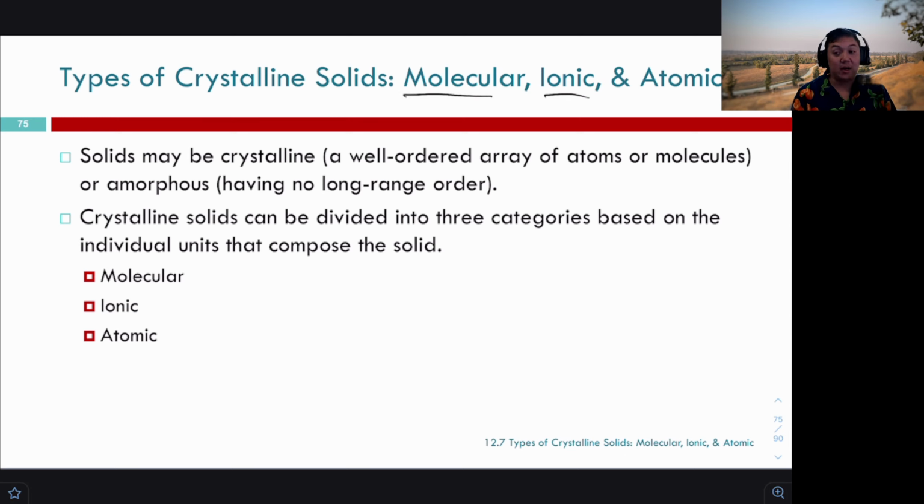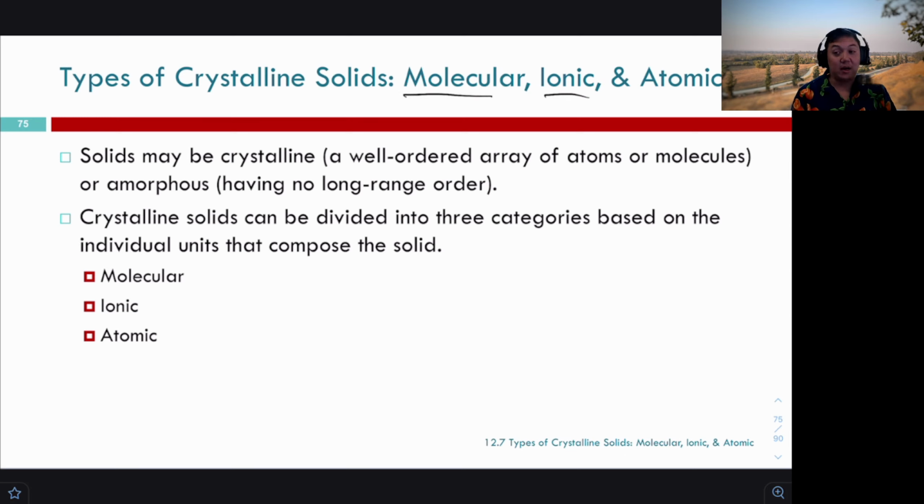And then atomic compounds just consist of a single element. So when we're looking at these different types of solids, we have different ways to name them because they are different in their makeup.